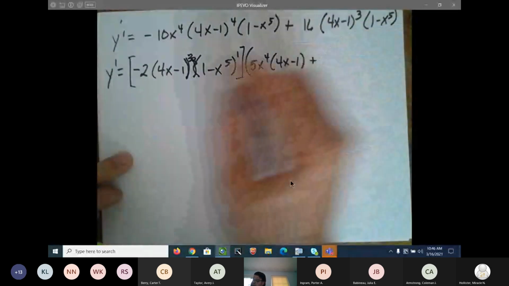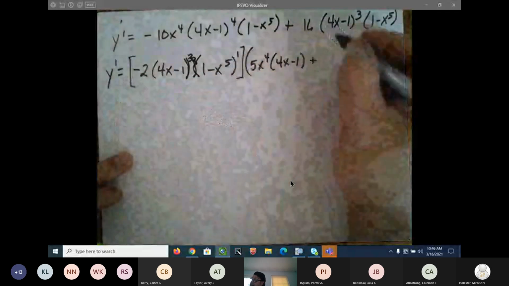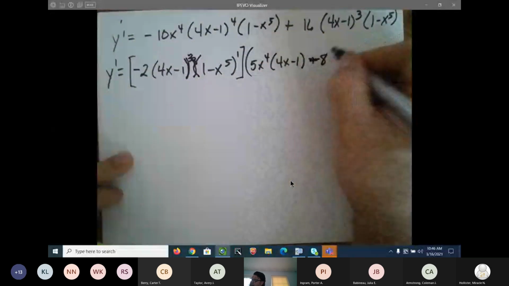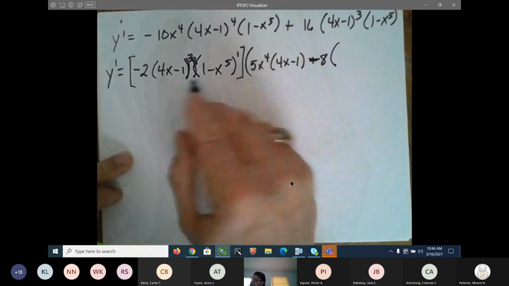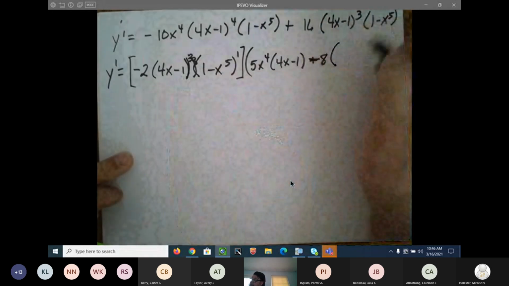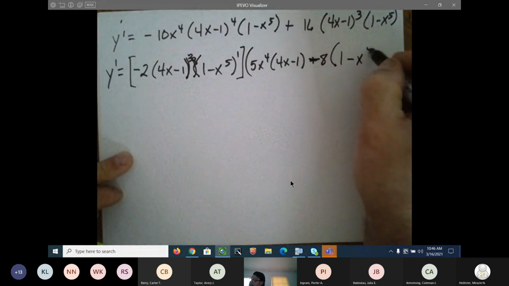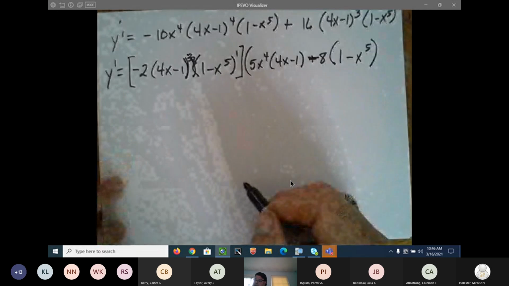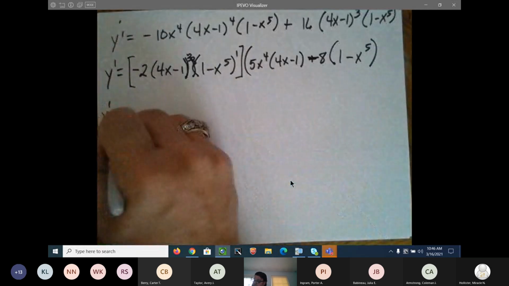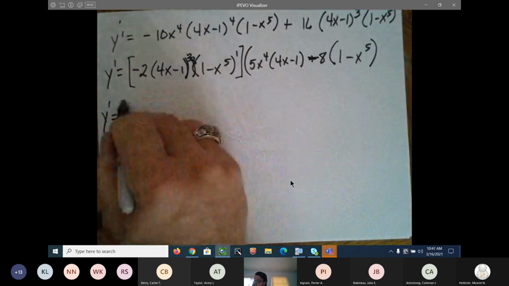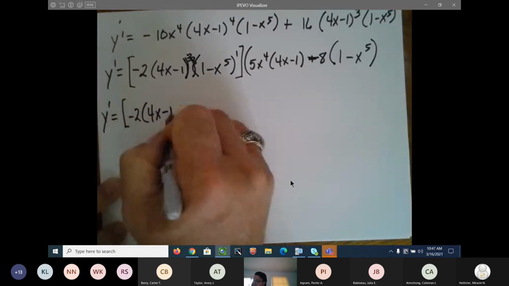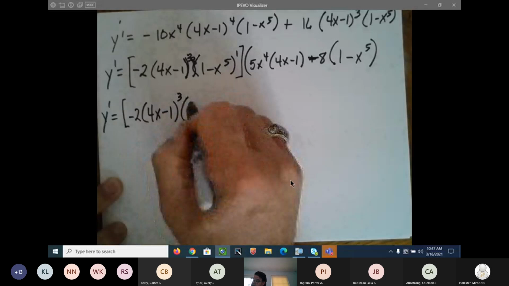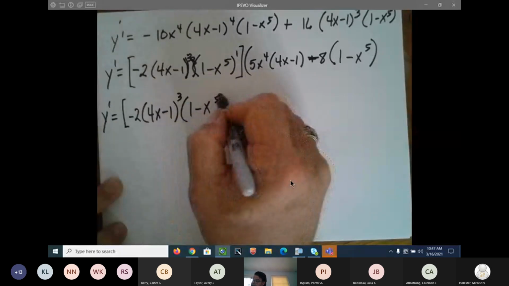Plus negative 2 times 16, that's going to be negative 8, times the (4x minus 1)'s cancel and leaves you with (1 minus x to the 5th) to the first power. This is going to stay the same: negative 2, (4x minus 1) to the 3rd times (1 minus x to the 5th).